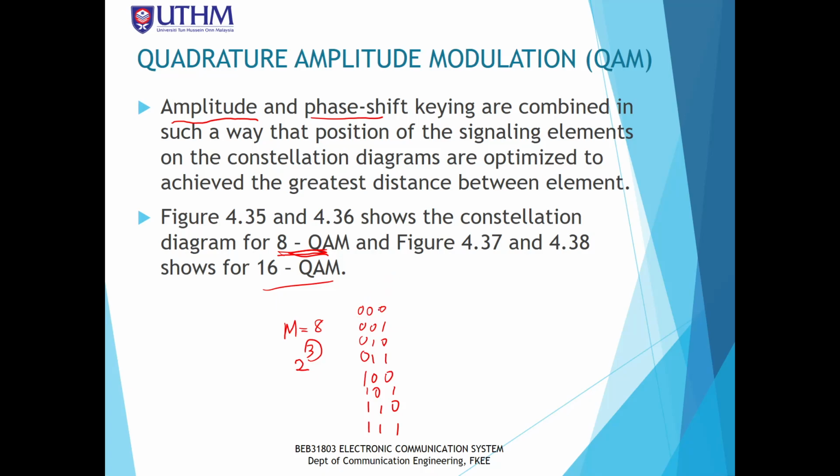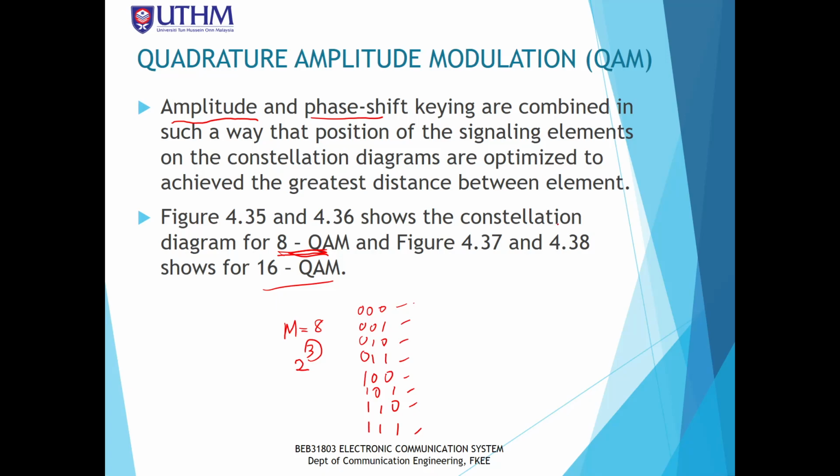Each of these is a symbol. We have 8 symbols to represent each of the inputs. That means our input is 3 bits, 3 bits, 3 bits. Every 3 bits of input would be 1 symbol.